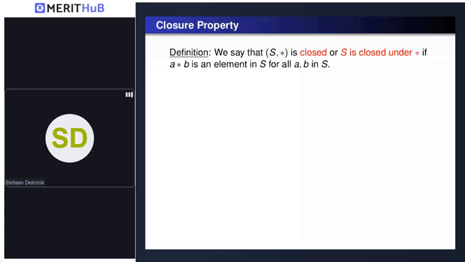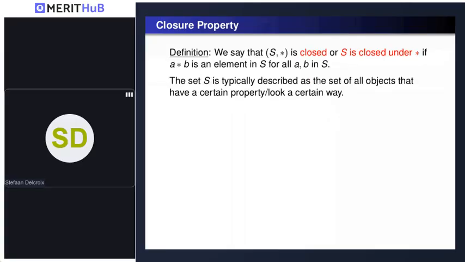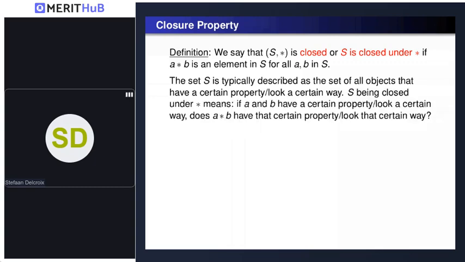We say that a set S and an operation star is closed if A star B is back in S for all A, B in S. Typically, S is described as the set of all objects with a certain property or that look a certain way. And then the question is always, if A and B have this property, will A star B also have that property? And so we did some examples.